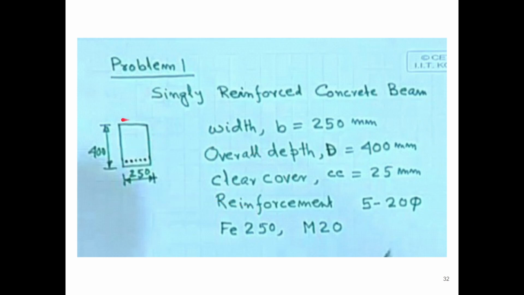Here is the cross section of our singly reinforced concrete beam. The width B is 250 mm. The overall depth capital D is equal to 400 mm. The clear cover CC is 25 mm, that is the distance from the most tensile part, the bottommost part, to the outermost rebar.